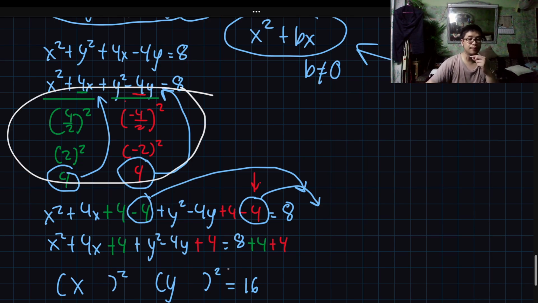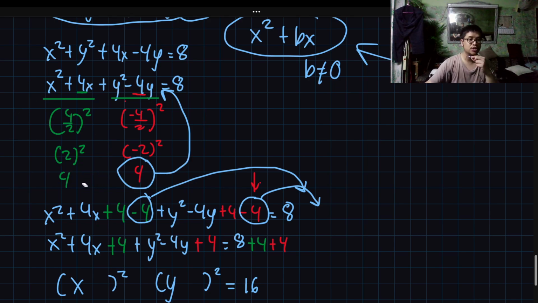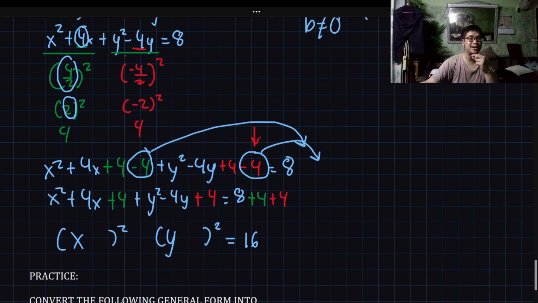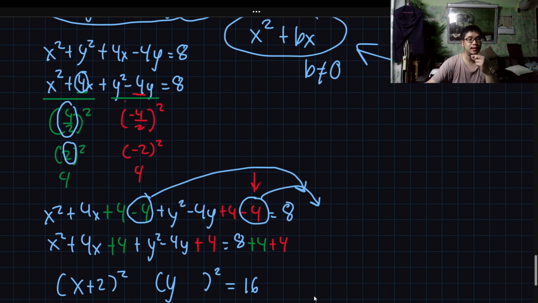Remember that for us to complete the square, we divide the coefficient of x and y by 2, then we square it. So let's focus on them specifically. Here we get 4, and we divide it by 2, which results in 2. So what is the result inside that parenthesis? You're going to put it here. Since we have positive 2, we will have plus 2. Then for the y, the same thing.